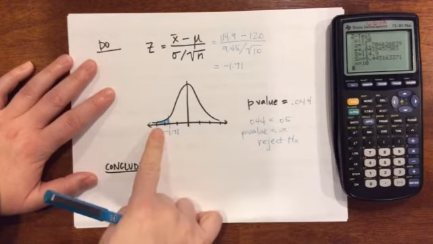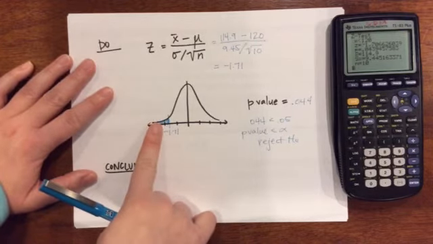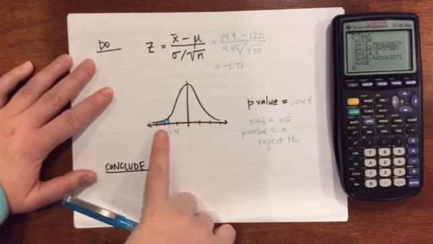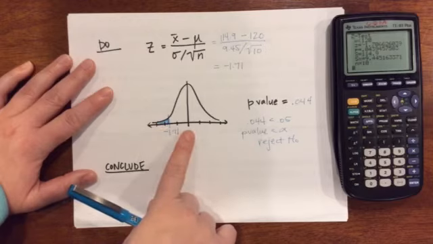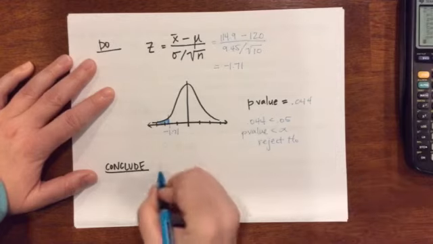Because that probability is so low, remember p-value means that we made the assumption that the null hypothesis was true, that this was 120. This is so low that this can't be true. The null cannot be at 120 minutes, okay? So we're ready to conclude.